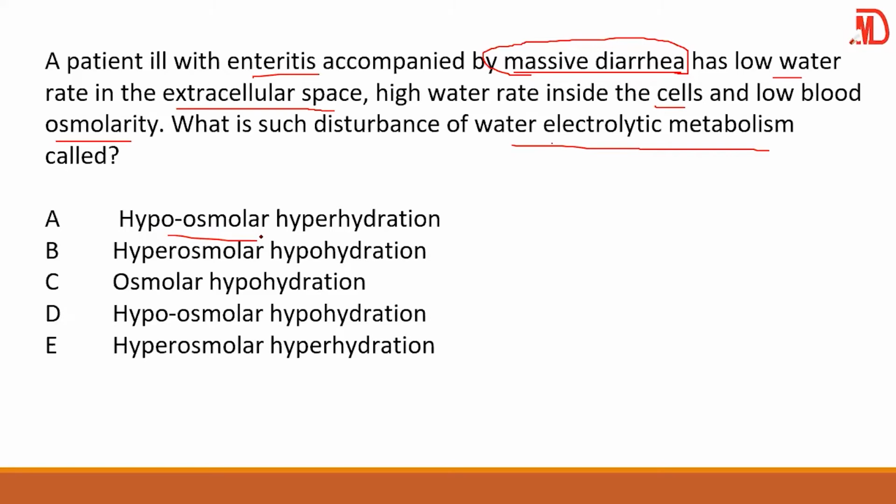Examples are diabetes insipidus, where you excrete a lot of water, and hyperventilation. So once again, we are talking about hypoosmolar, because salts are lost more. So the answer is D. And I hope you wrote everything down.